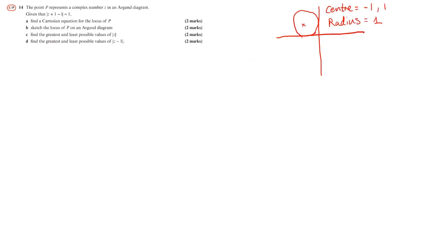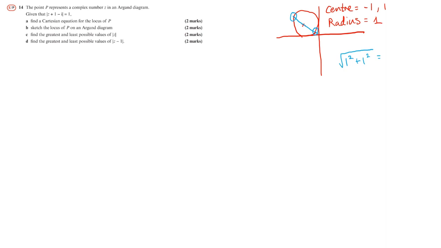Right, so our minimum value is going to be, if I change pen over here, there's going to be a line that comes from the origin and goes out through the center. This is going to be our max, and this is going to be our minimum. So firstly, let's just find the modulus of the center. We know the center's minus 1, 1. We don't take minuses in the modulus, because it's going to get rid of it because we're squaring. So the square root of 1 squared plus 1 squared, which is equal to, I think, root 2.